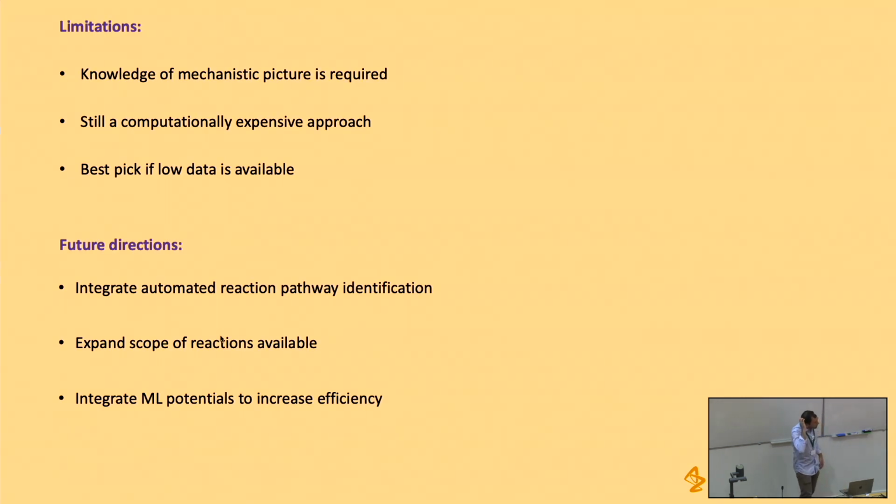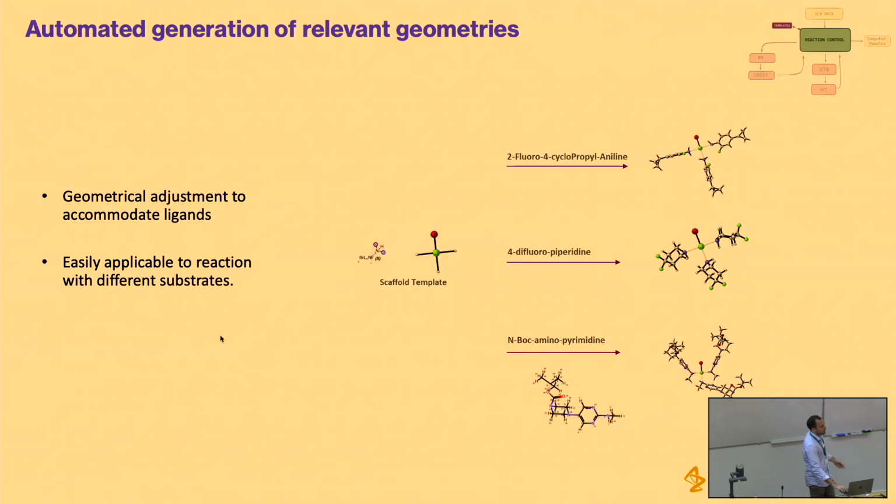So, final remarks on the limitations and the future direction of this workflow. I guess the main limitation is that knowledge of the mechanistic picture is required, which means that for all these templates that I showed you before, these transitions and these intermediates have to be known in advance.